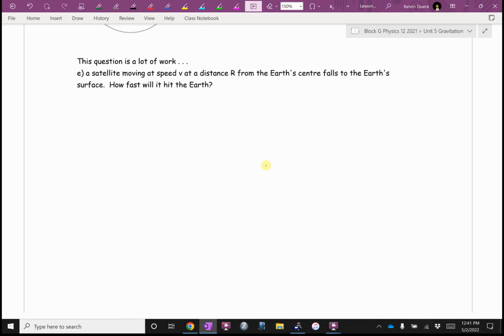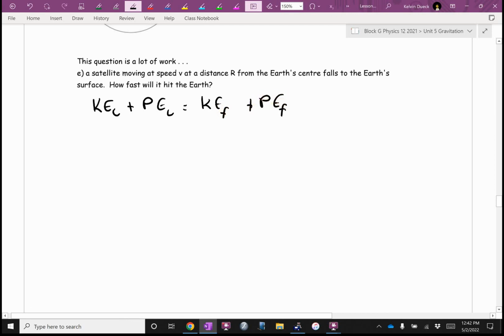How much work? What's the third one? Is there a change in height? Is there going to be a change in speed? Is there a yucky curvy force because gravity is changing? Conservation of energy. So it's going to look like this. KE initial plus PE initial equals KE final plus PE final.